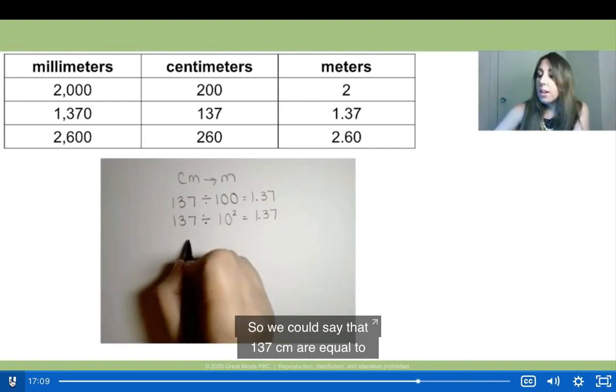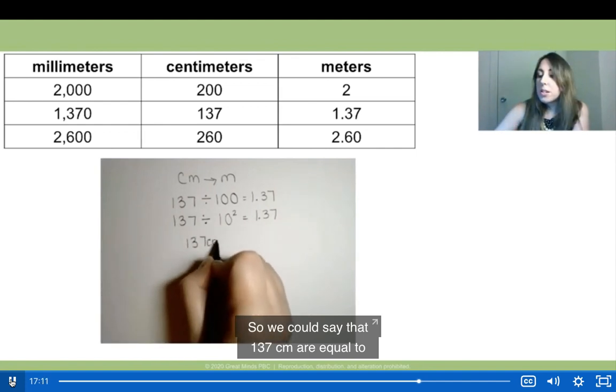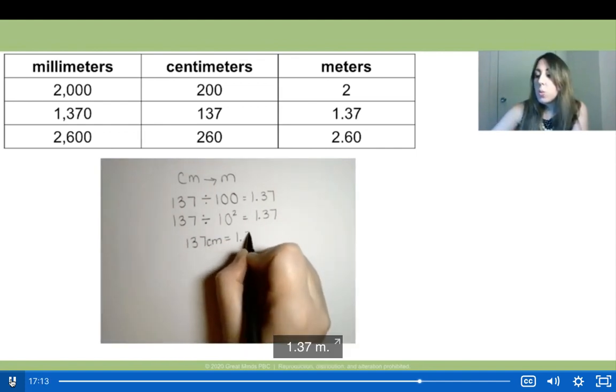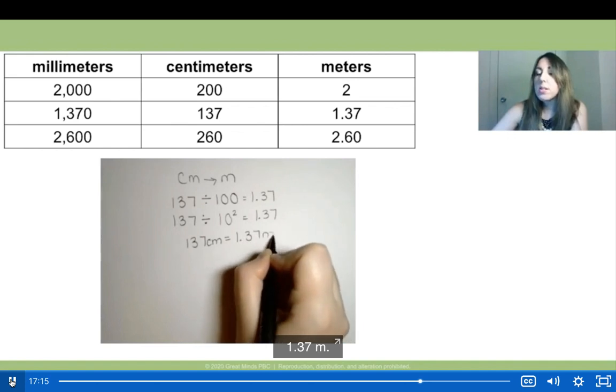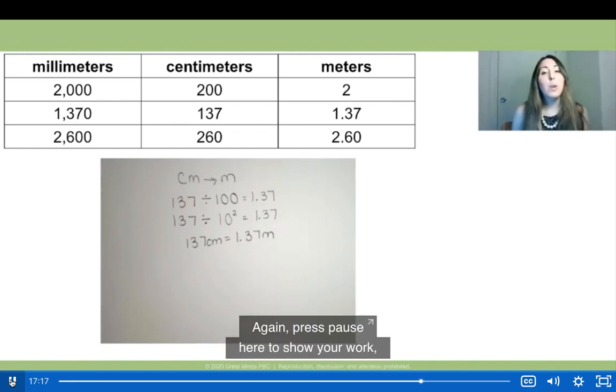So we could say that 137 centimeters are equal to 1/3700th meter.